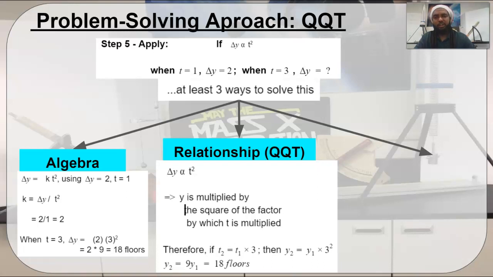So our initial time was 1, our second time was 3. t2 in essence is 3 times t1. So what will delta y2 be? It will be that same factor squared times delta y1. And so we get y2 is going to be 9 times y1. y1 was 2, y2 will be 18.